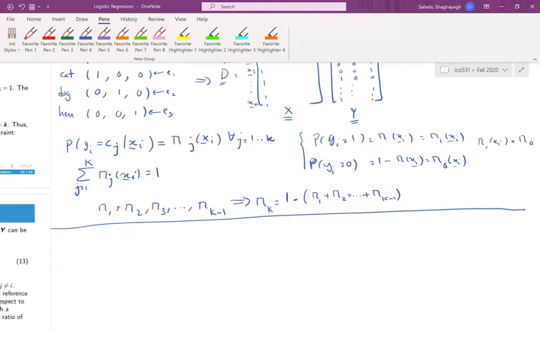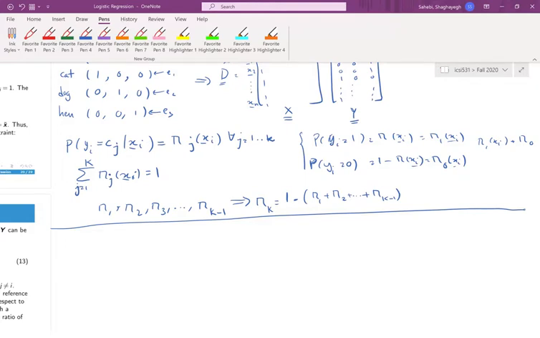So similar to the binary logistic regression, we can assume that our pi's somehow have a sigmoid-like relationship with W transpose xi. But for each class, we are going to have a different set of weight vectors.